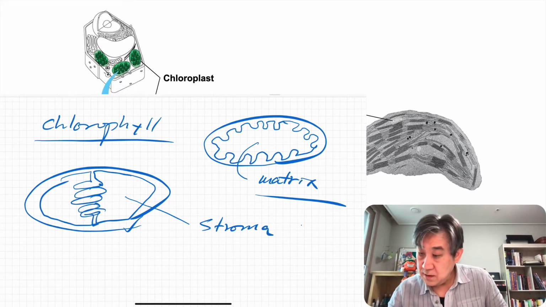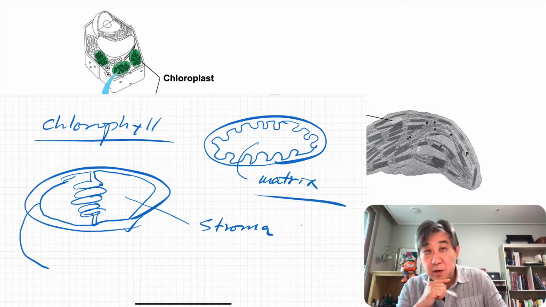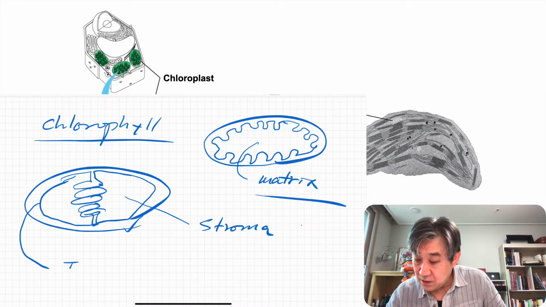And the inner membrane has a special name: the inner membrane of the chloroplast is called a thylakoid.